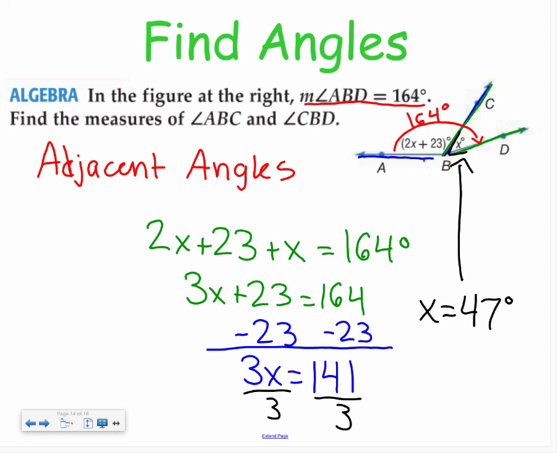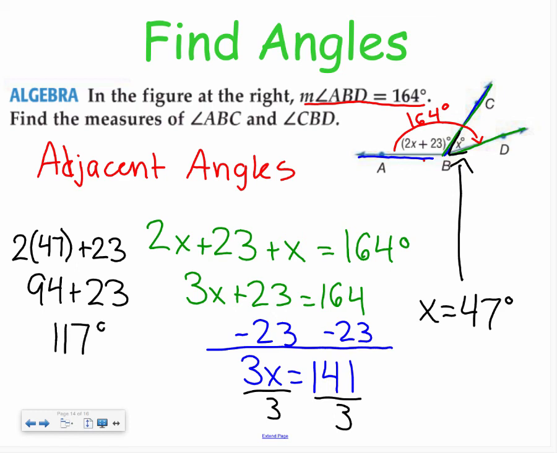To go back and find the other angle, I need to plug x in, so I have 2 times 47 plus 23. 2 times 47 is going to add up to 94, plus 23, giving us a grand total of 117 degrees.